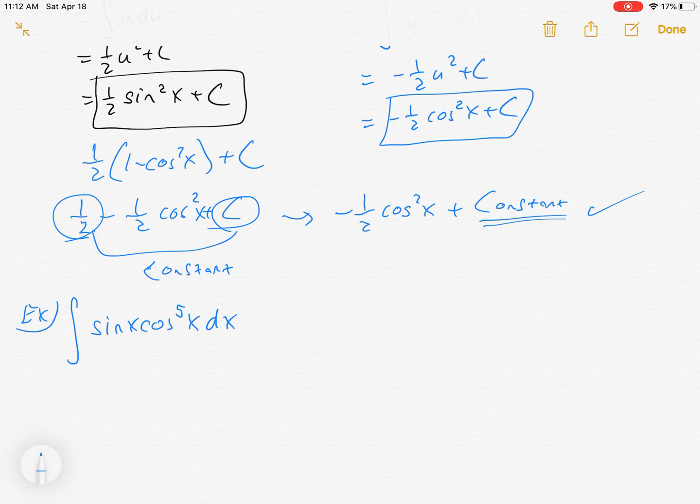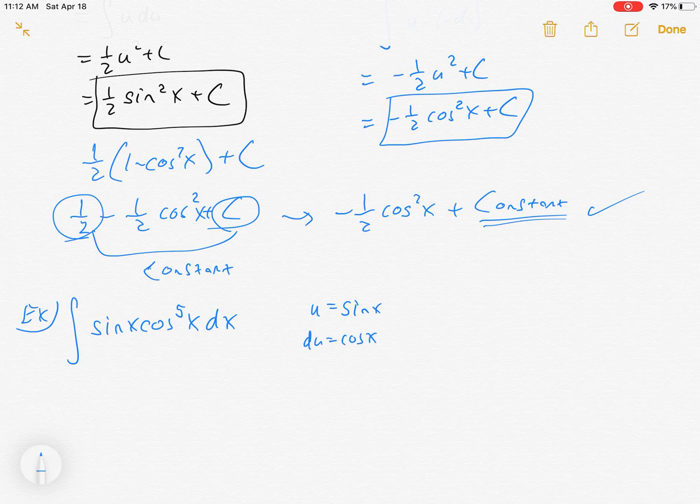What if you had sine x cosine to the 5th x dx? This one you have to choose a certain way. Who's your u? Here are the options: is u sine x, is u cosine x, or is u cosine to the 5th x? You might recall me saying we'll never let u be cosine to a power, or a trig function to a power.